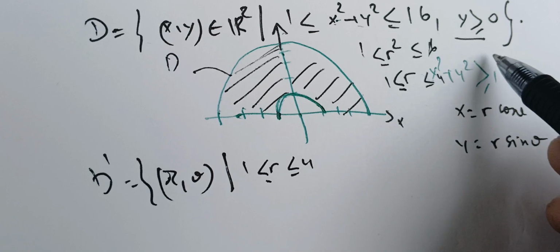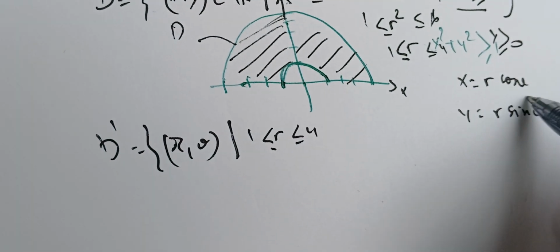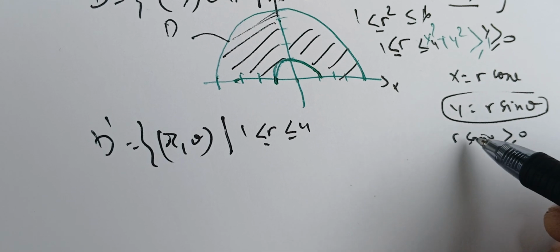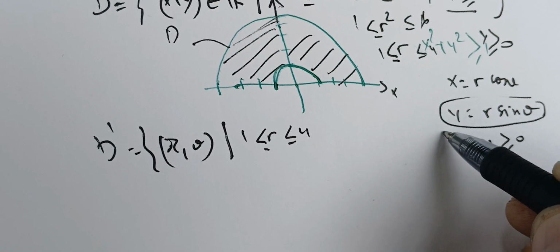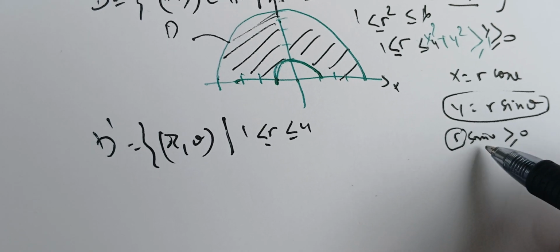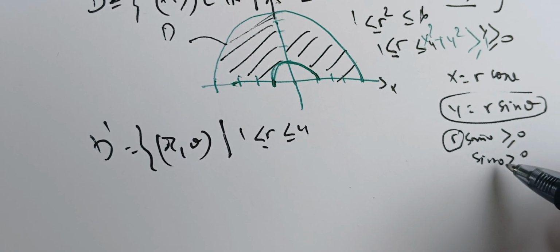This condition here, y greater than 0, means r sine theta is bigger than 0. R is never 0, so we assume r is not 0, and we have sine theta is bigger than 0.